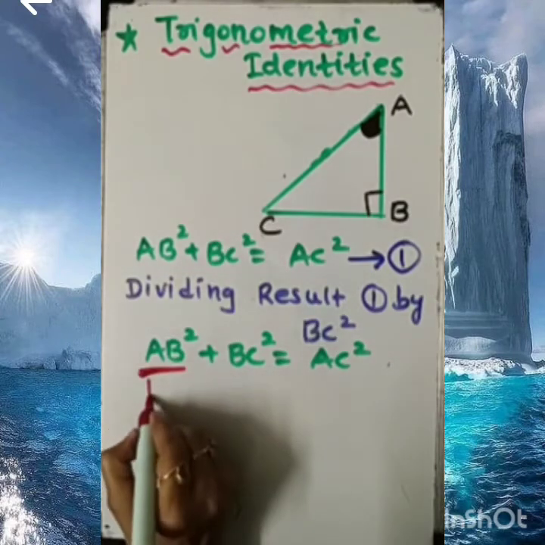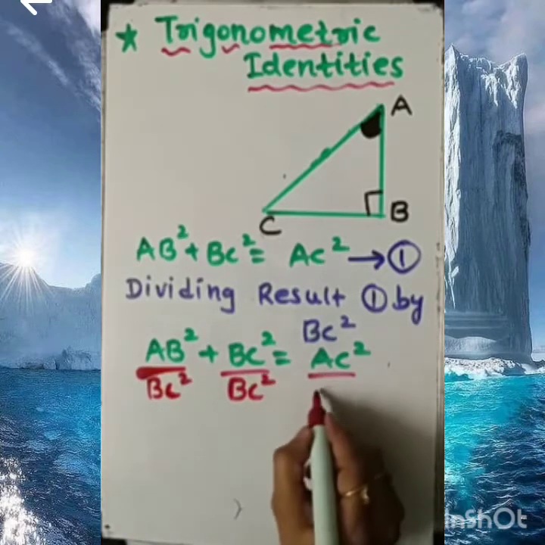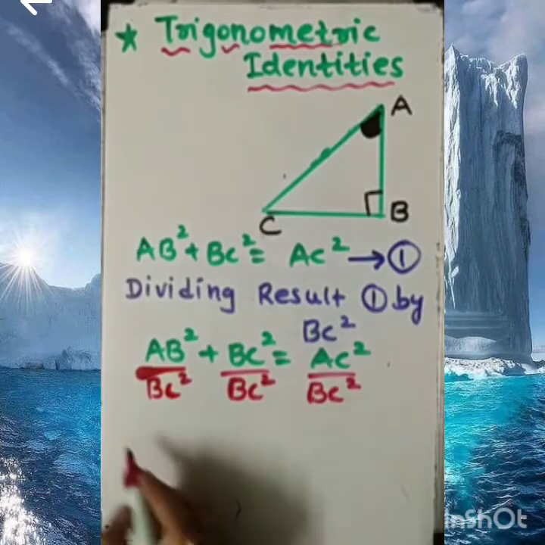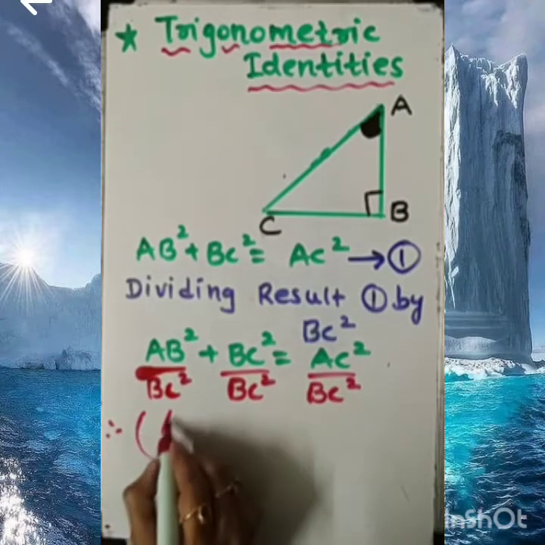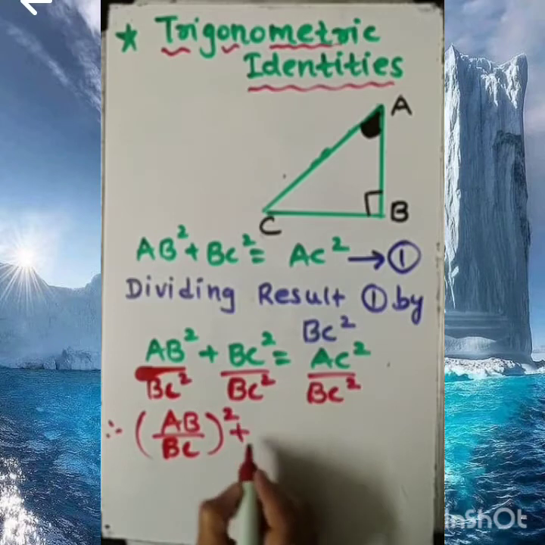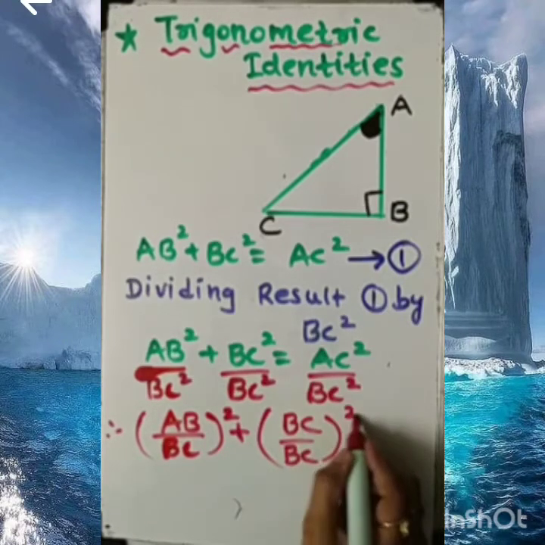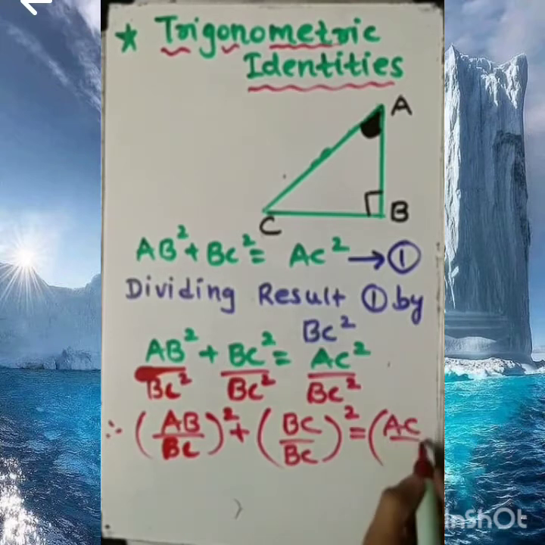So can I write here AB upon BC whole square plus BC upon BC whole square equal to AC upon BC whole square. Nothing I have done, only the whole square I have mentioned.